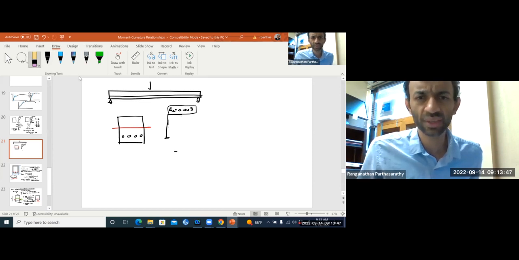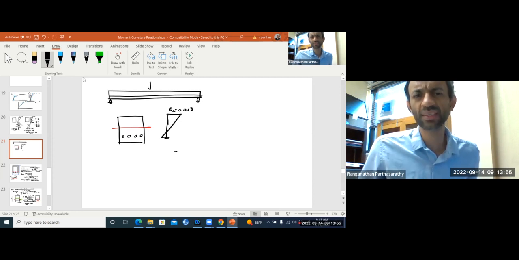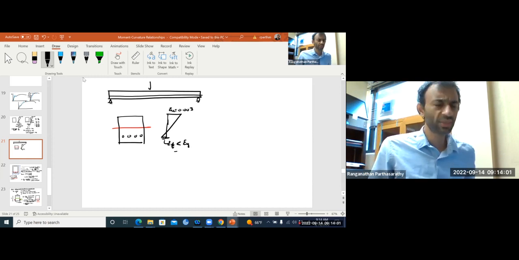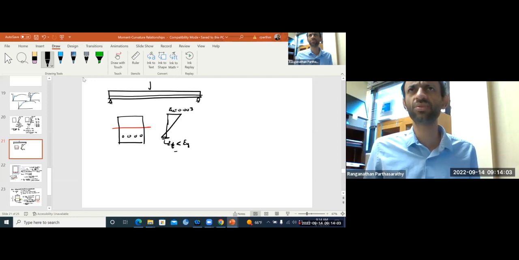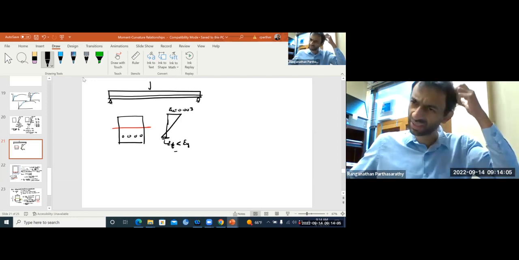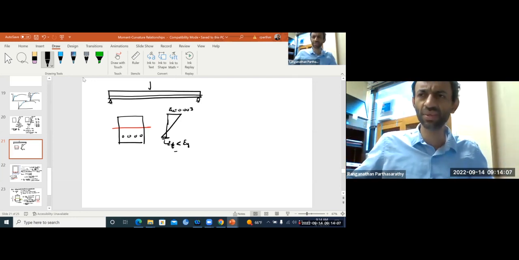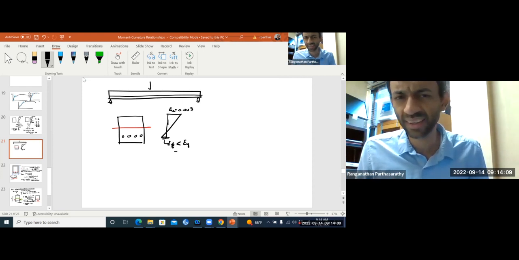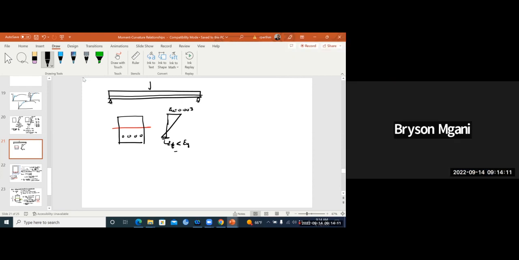I pushed down the neutral axis, so my steel strain is very tiny, epsilon t less than epsilon y. So this steel has no chance to yield. When the concrete is crushing, that will control the failure, like boom, right? We don't want that.